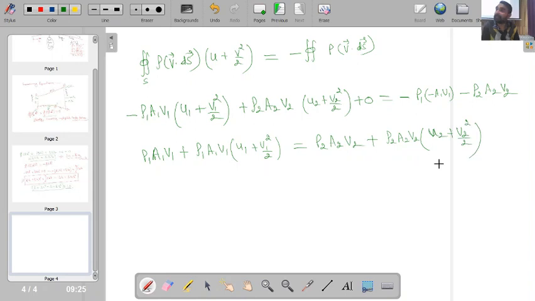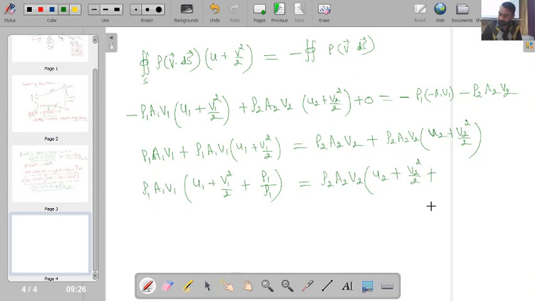Is this point clear? So now if I take rho 1 A1 V1 as common, inside I will be getting U1 plus V1 square by 2 plus P1 by rho 1, and that will be equal to rho 2 A2 V2 times U2 plus V2 square by 2 plus P2 by rho 2.